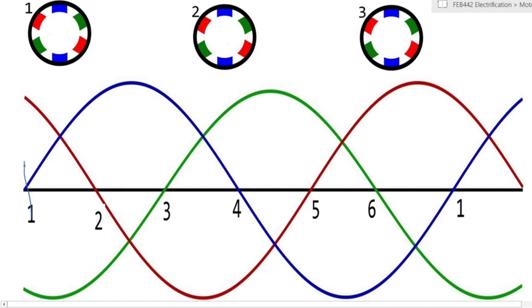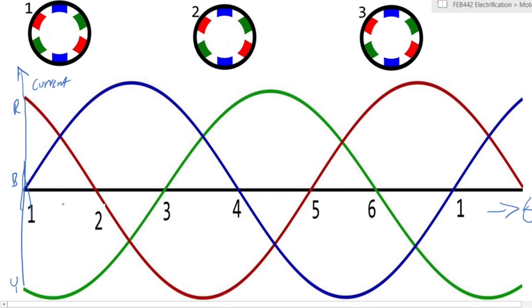So if this represents a graph and this represents time, and this axis represents we can call it the magnitude of the current, right? So what you will see is you have three phases, call that red, blue, and this is yellow, but we've indicated it in green. Generally, that would be the third phase, but green shows up better on the screen.